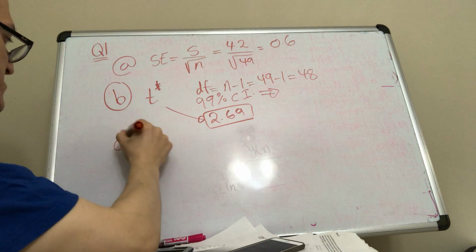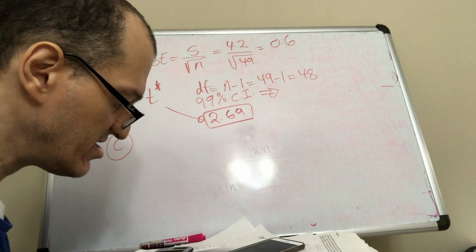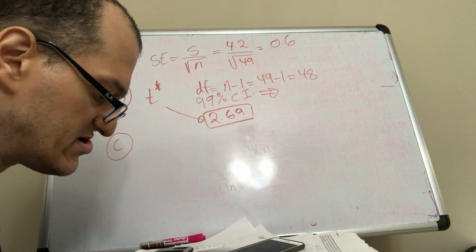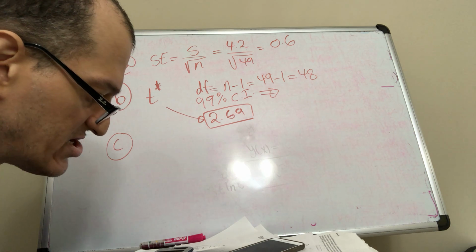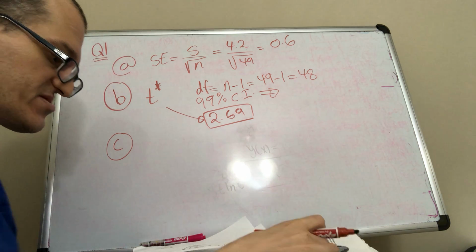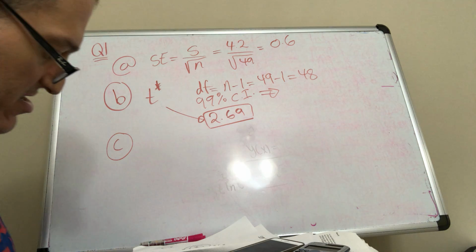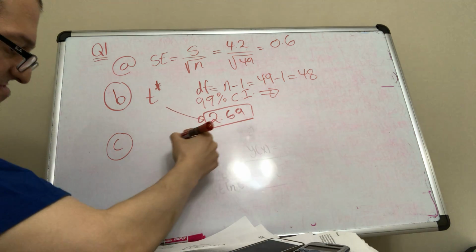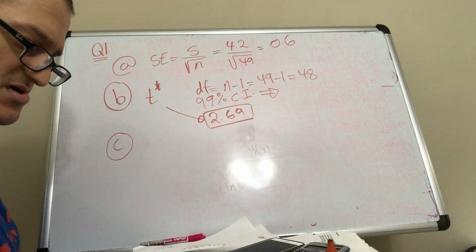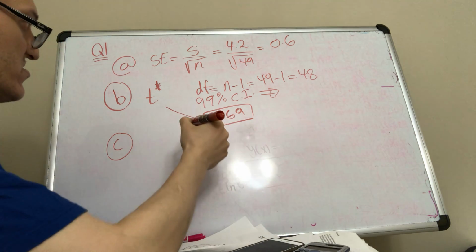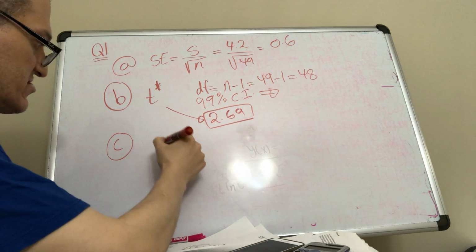The C question, calculate the confidence interval. Do not interpret the answer. But we will still interpret the answer, but for now, we're going to do the confidence interval.